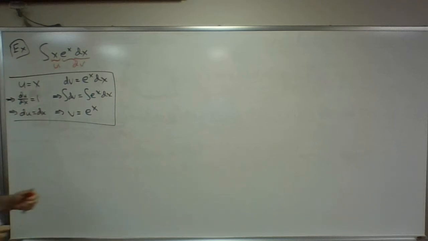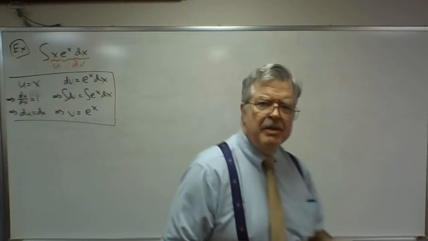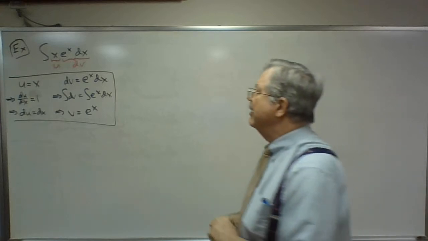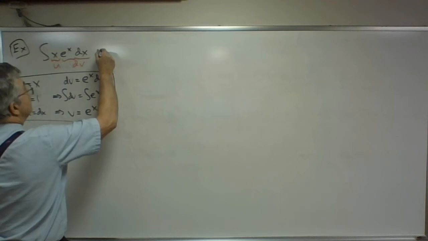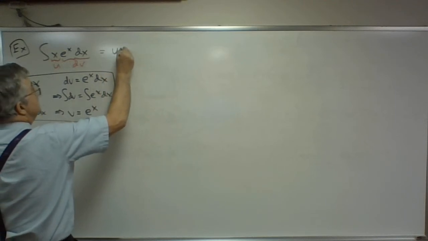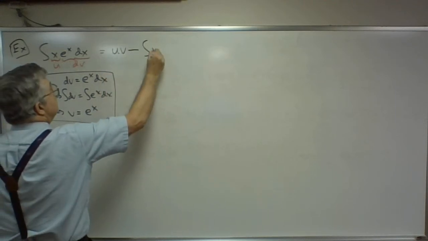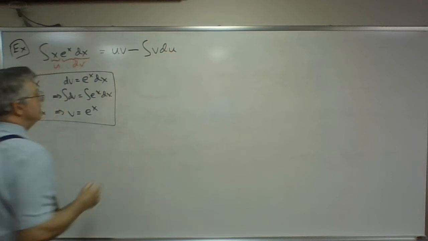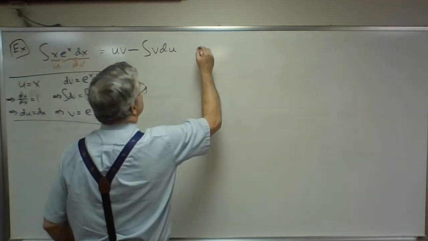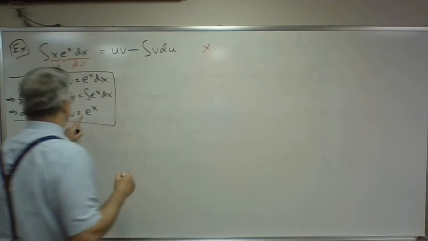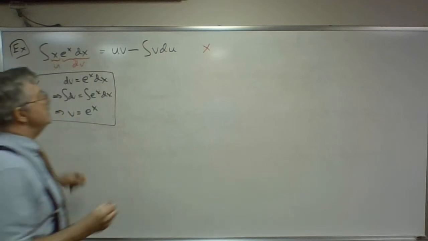And since we know our integration by parts formula, we're going to write that formula down. The integral of u dv is equal to uv minus the integral of v du. And now we just fill in the blanks. U is x. V is e to the x.